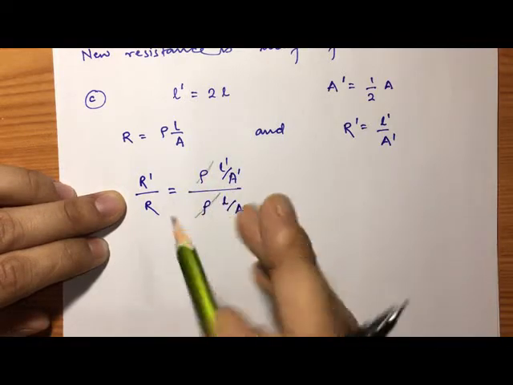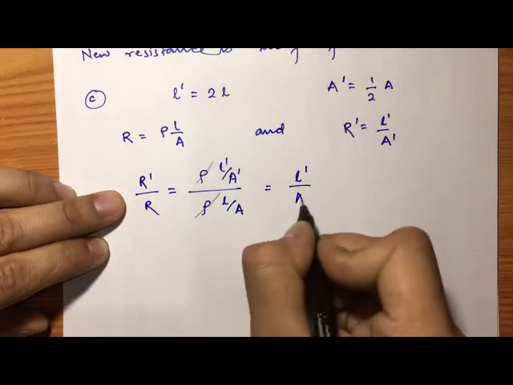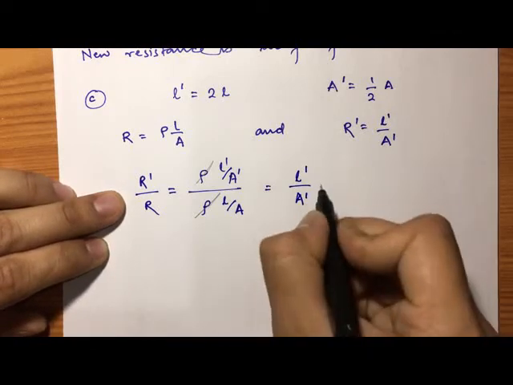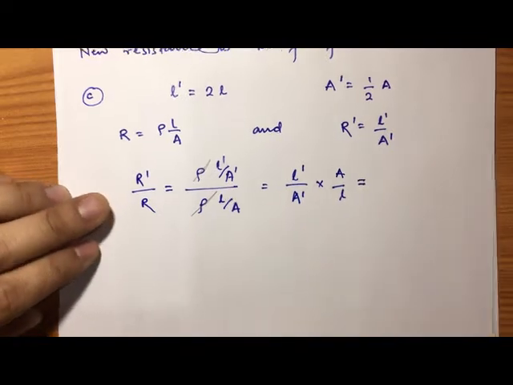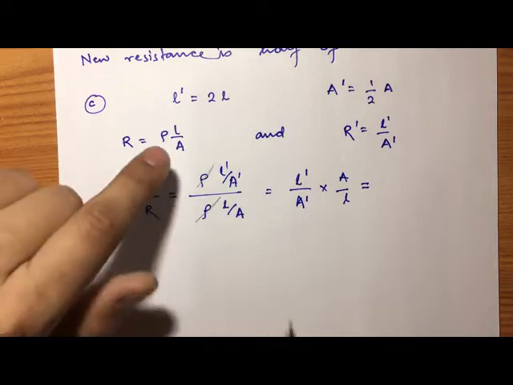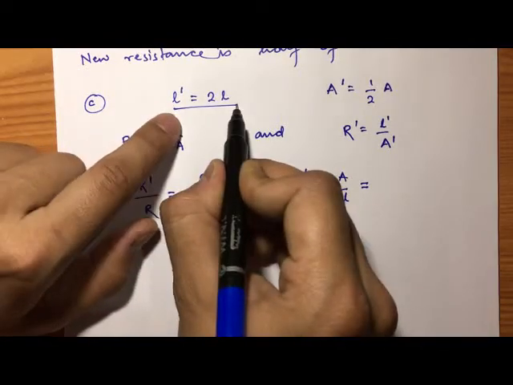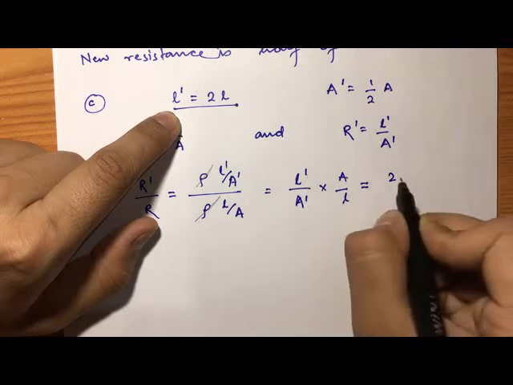This rho and this rho will be getting cancelled. I will get again same thing. Till here things are gonna be same. We have to put the values very much carefully. In place of L prime I should write 2L.